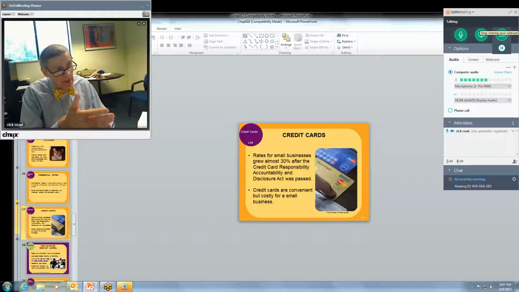If you had $1,000 debt on your credit card and you only paid the minimum interest every month, it would take you over 8 years to pay off that $1,000. So you have to be careful about that because interest compounds. So my point is just don't use them to make purchases. Pardon me, if you're in business, unless you know you're going to be able to pay that back.